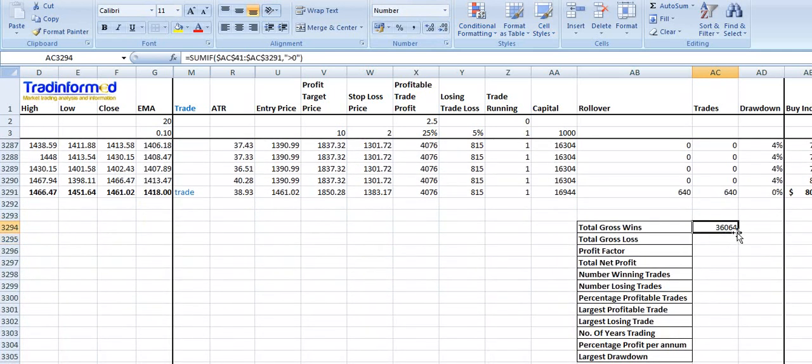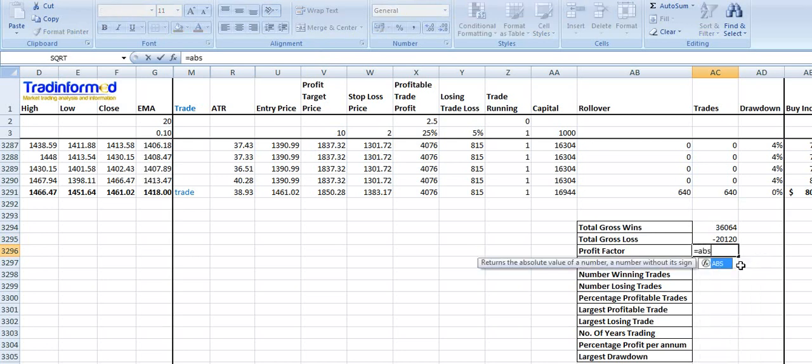So now we can just copy this down here, and for the sum of our losses, I'm just going to use the same range. This is going to be trades less than 0. The profit factor we calculate using the absolute value of the gross wins divided by the gross losses.